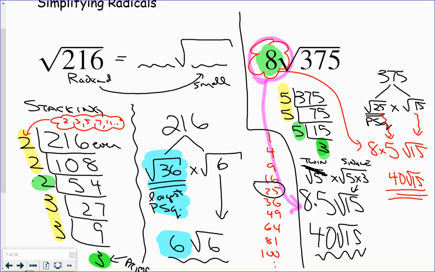Now the final thing I'm going to say is you can check all of these on your calculator. For the radicals part of the final, there is absolutely no reason why you should be handing me in wrong answers, because you can check everything.